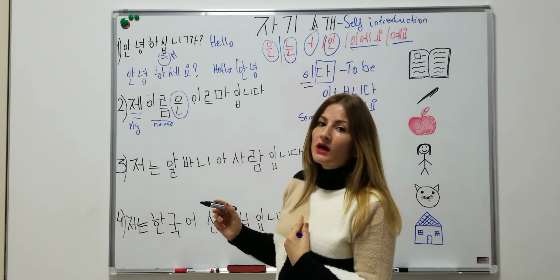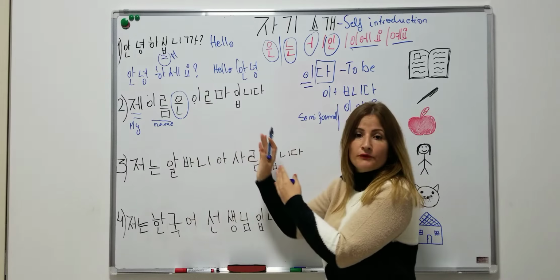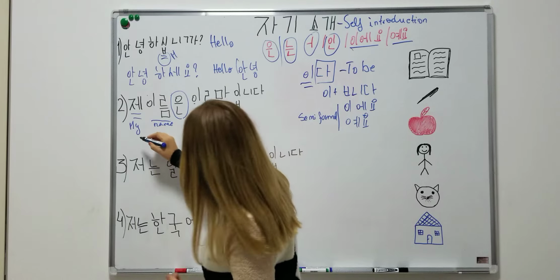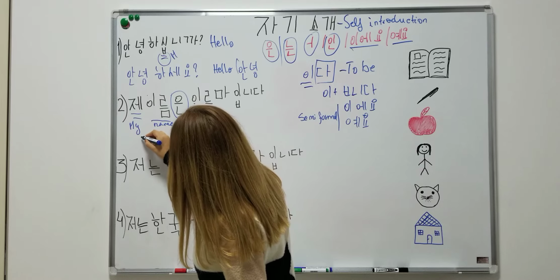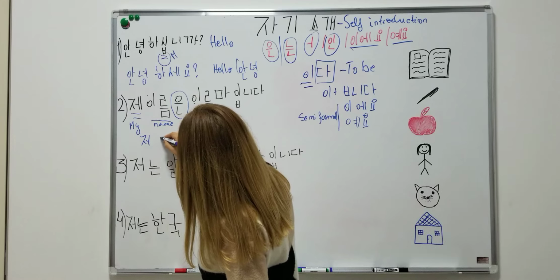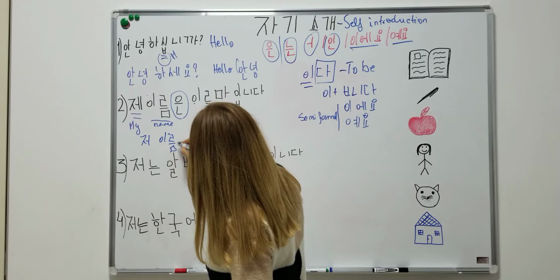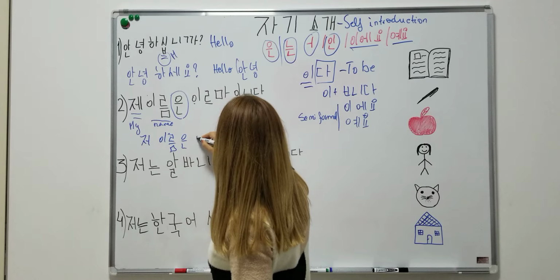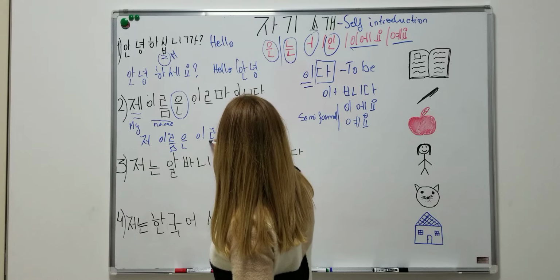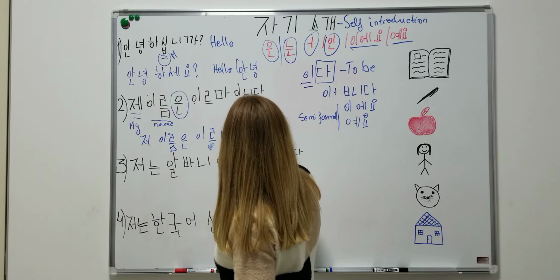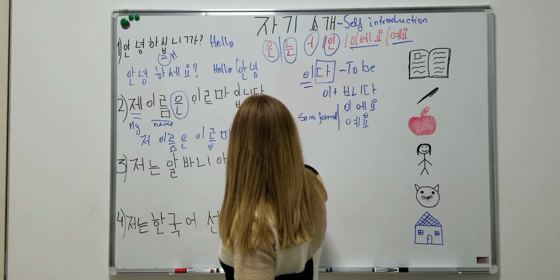이름아입니다. Or I can say, so this is the formal way of introducing, and the other way would be, okay, I'm using 제 이름은 이름아예요.